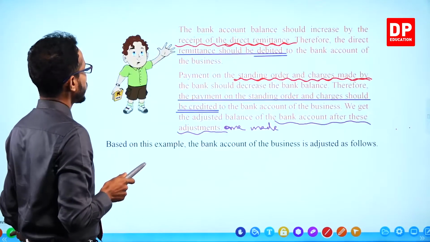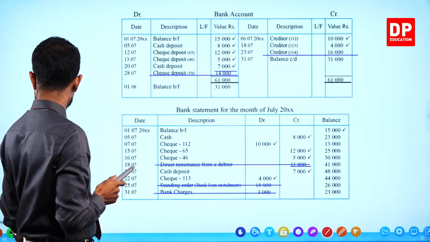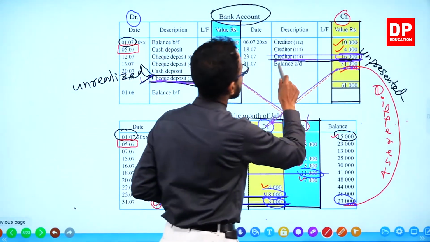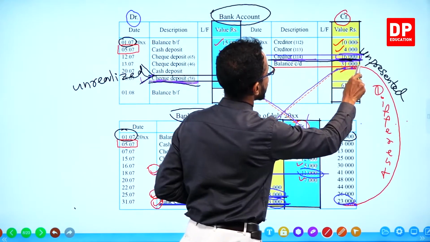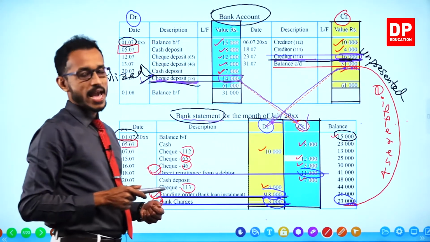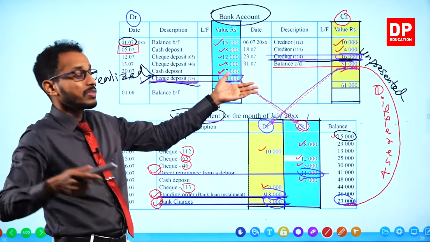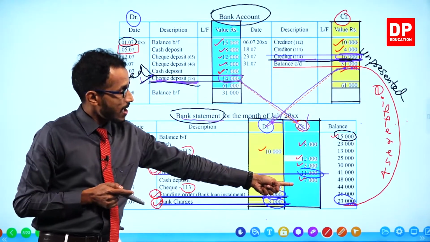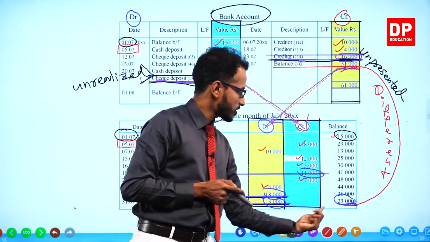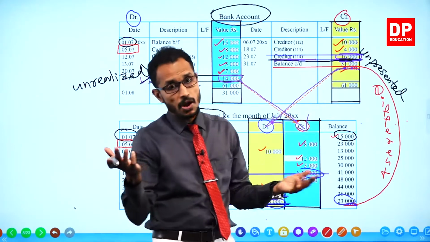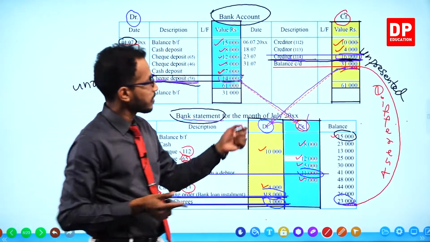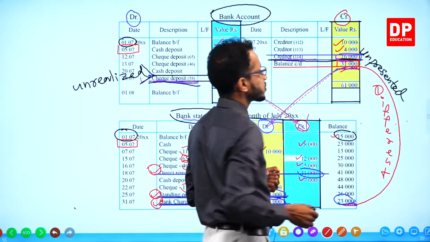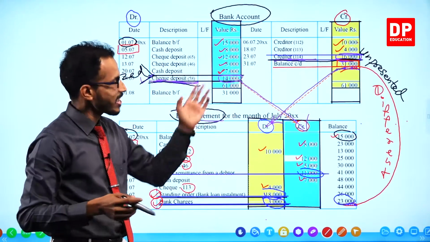If we go back again to that activity example, this is the balance which is taken to the adjusted bank account. The final balance of the bank account, which is not tallying with the statement. This balance is the problem. So we take this balance to the adjusted bank account and we adjust that balance.